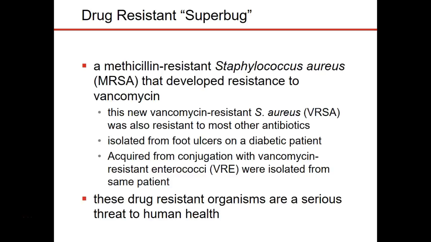It was super popular and everybody was using it. But just like any organism, if environmental pressures occur, then organisms are going to change. They're going to adapt to those environmental pressures.